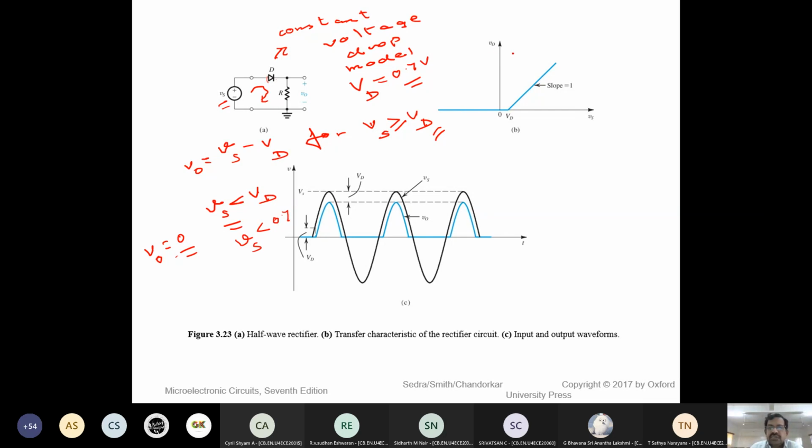The output is drawn along the y-axis, the input along the x-axis. V out will be following the input with a slope of 1. So at 0.7 it will be 0, but the moment it crosses there, you will start to see the output across the R, and so therefore you will get this.